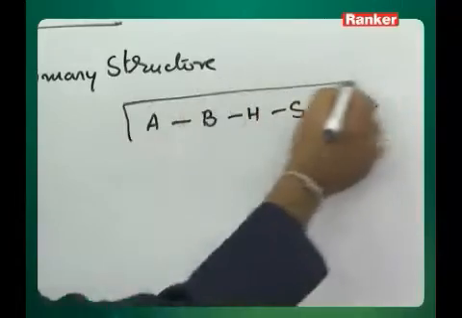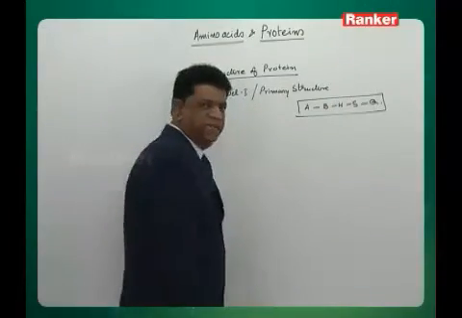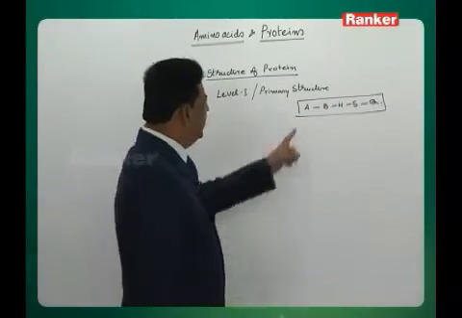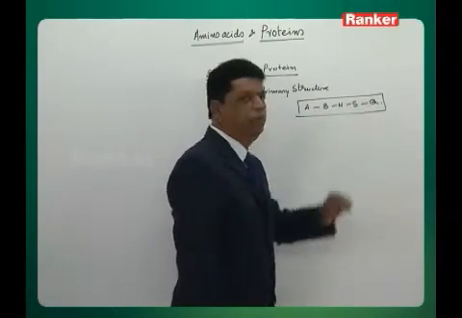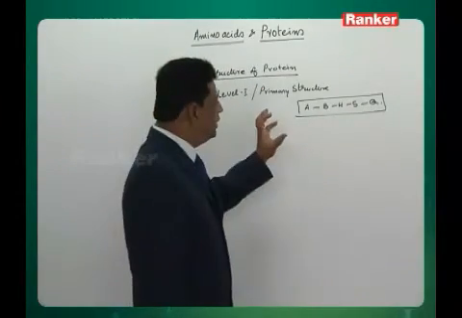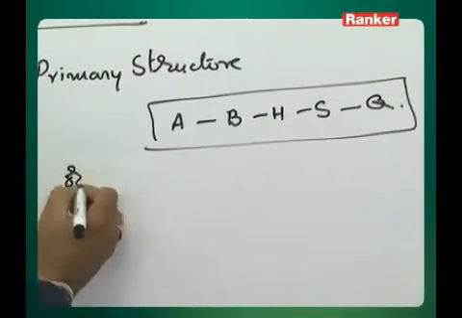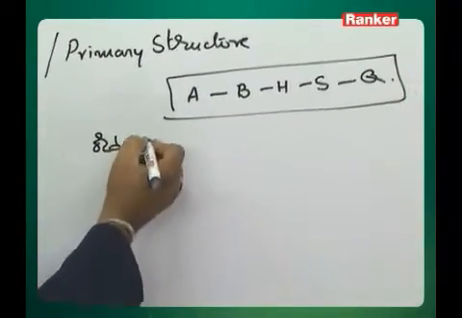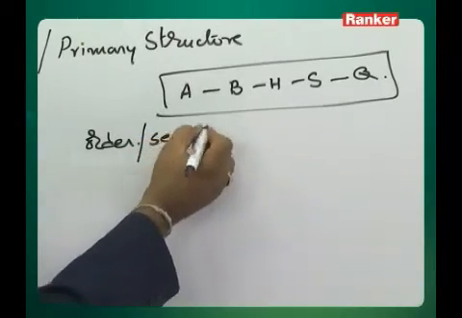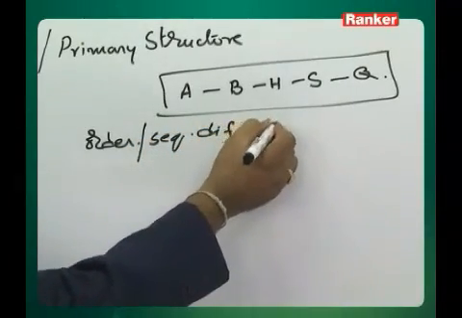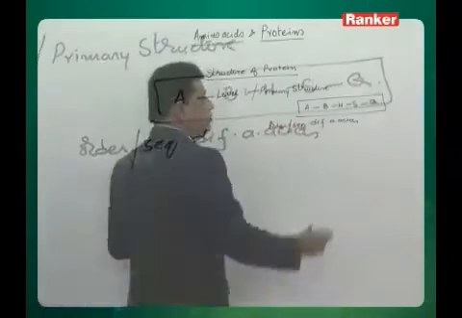This is a 5-membered pentapeptide containing A, B, H, S, Q. These different amino acids are linked in this particular order. So, the sequence of the different amino acids is known as the primary structure.